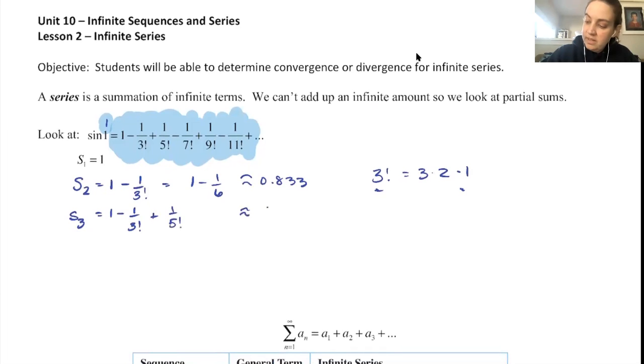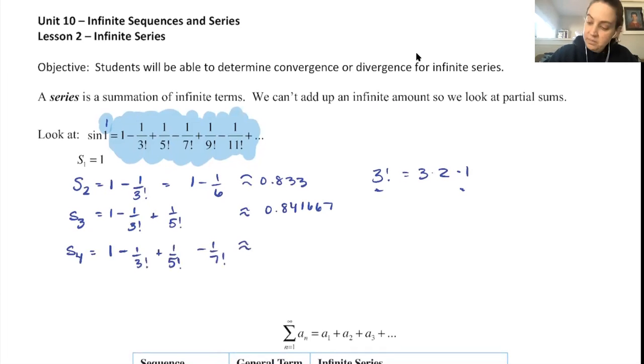My decimal equivalent, this is approximately 0.841667. If I do 4 terms, I would have 1 minus 1 over 3 factorial plus 1 over 5 factorial minus 1 over 7 factorial.